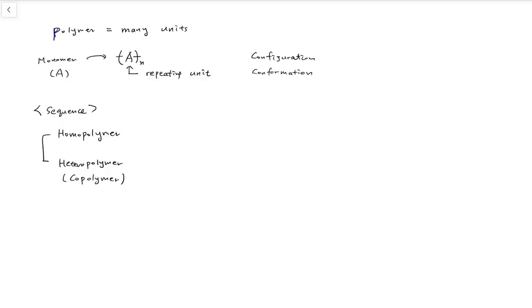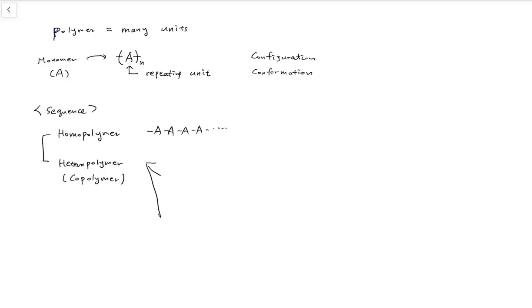Okay, so homopolymer is basically the polymer with a single repeating unit. So basically it has the same repeating unit of A. Okay. On the other hand, heteropolymer have different types of unit.